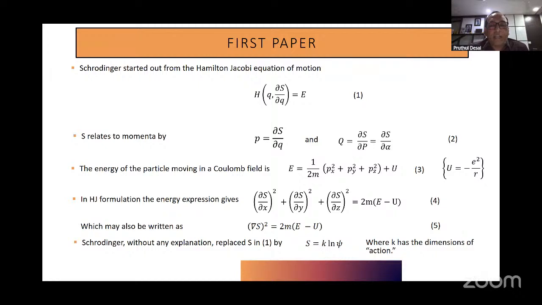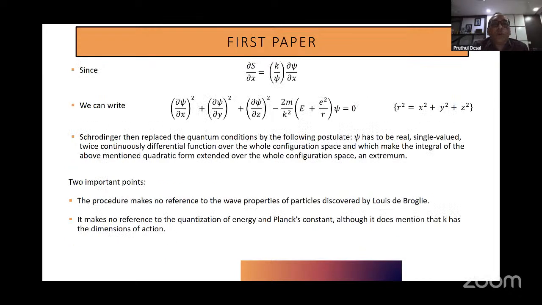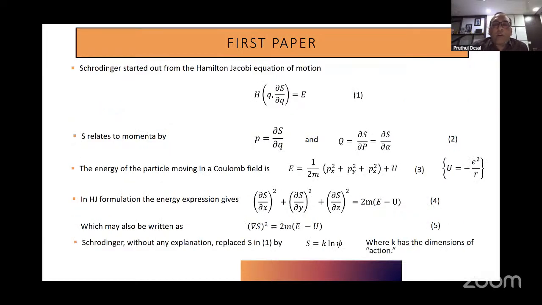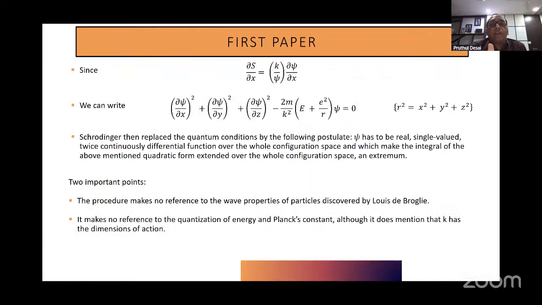What Schrodinger did, in fact, without any explanation, there is no explanation why he took S is equal to K ln psi. So for the action, he writes down S is equal to K ln psi, where K has the dimensions of action. So I can write del S by del x in terms of psi. And if I substitute it in equation number 4, then I find that the equation takes this form.